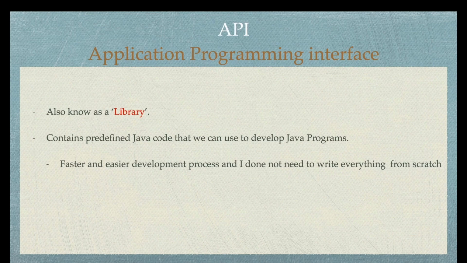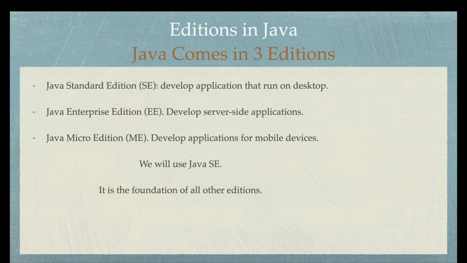Java and the Java community have a large set of APIs, also known as libraries, available for doing different types of tasks. So it's a plus point that Java has a very strong community. Also, it has a very strong community revolving around Java frameworks such as Spring. Okay guys, let's move to the next page.